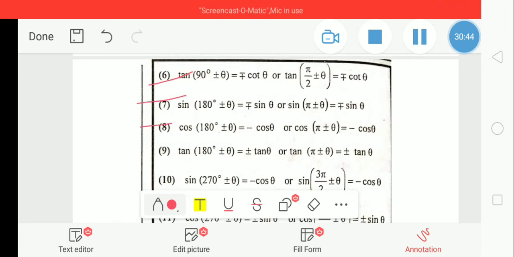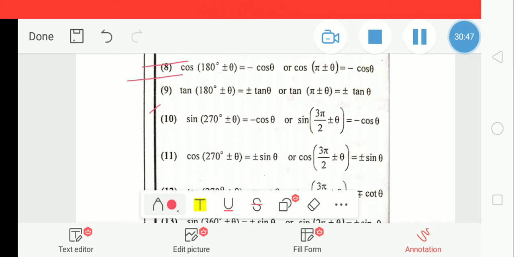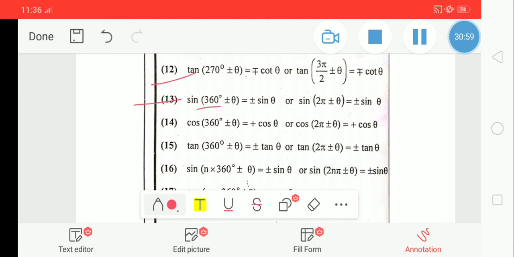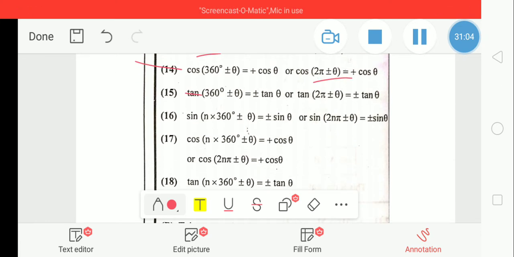And these we have also studied: 270 plus minus theta means minus cos of theta. And 360 means 2 pi, so we can write it also in this way.